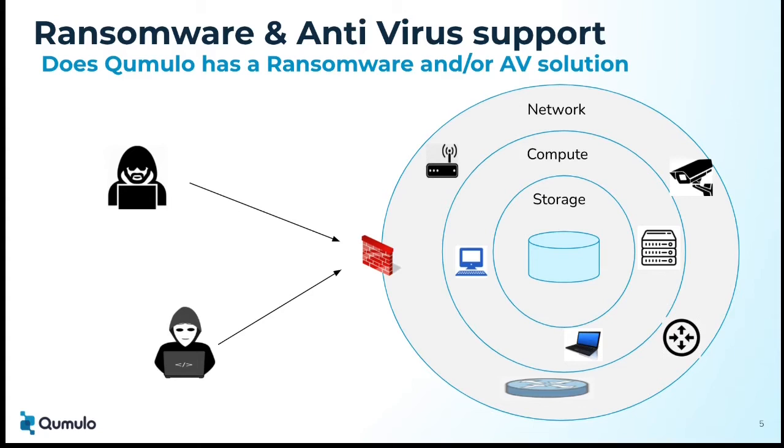As you can see here in this picture, attacks typically come from outside. They start in the network, they infect the compute systems, and at the end of the day, yeah, maybe they reach the storage system, but what I want to say is if the stuff hits the storage system, it's already too late.